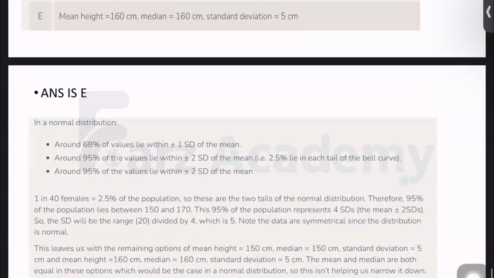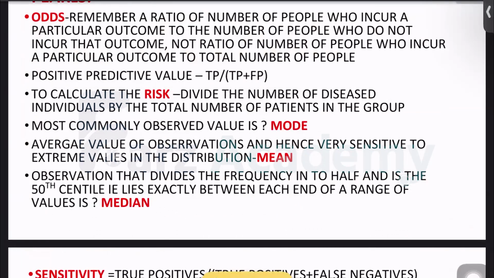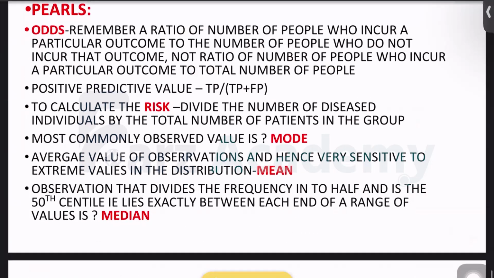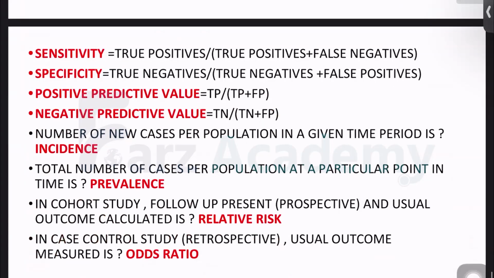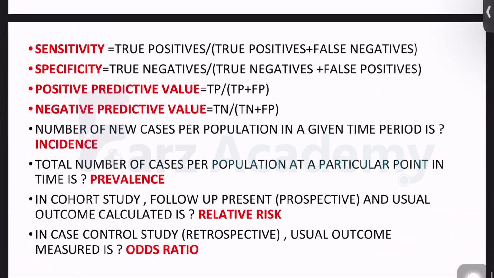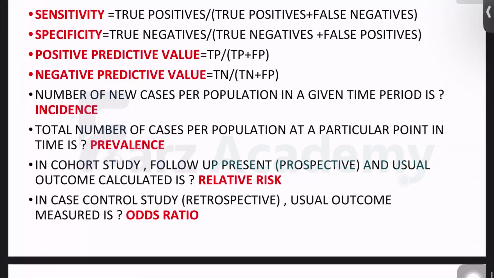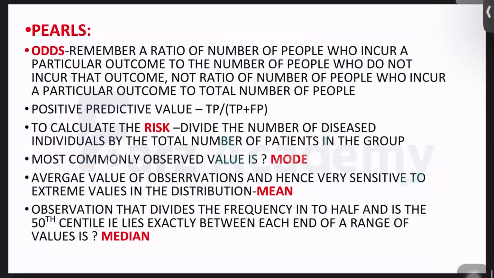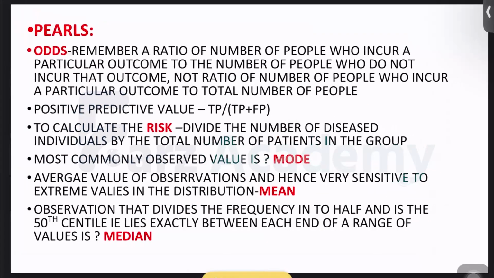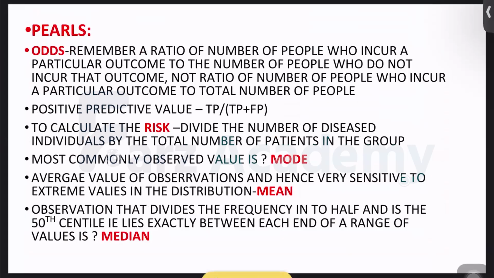Some important revision points that we saw in the last class. How to calculate mean, median, mode, what is odds. This we have practiced enough. Sensitivity, specificity, incidence, relative risk, odds ratio. Please do not forget what the denominator and numerator are. Odds is the ratio of the number of people who incur the outcome to the number of people who do not incur that outcome.